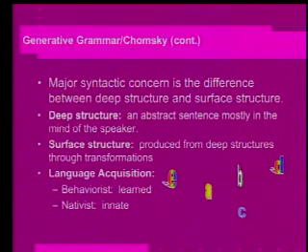And so we get, I forgot my example I was going to give you. Oh, I know. Somehow the human brain is able to determine and understand that "the ball was hit by John," passive voice, means the same thing as "John hit the ball," active voice.